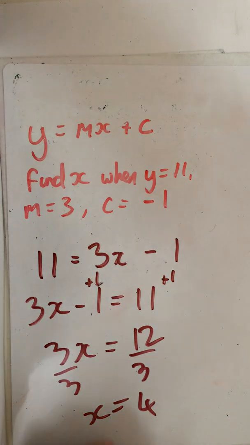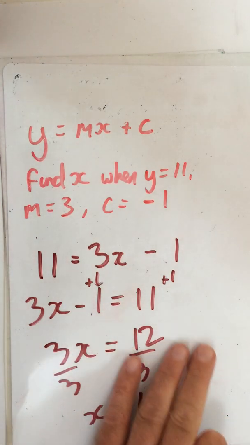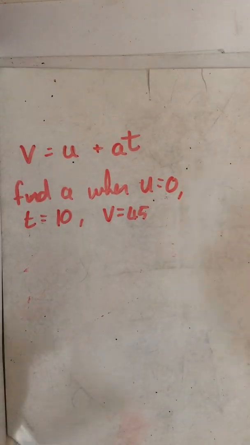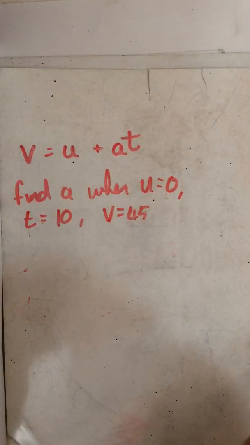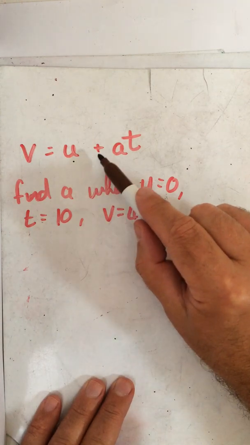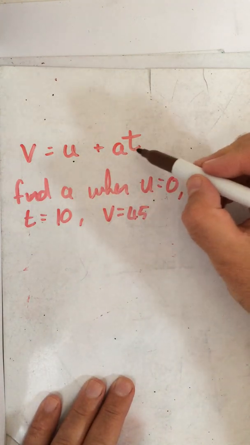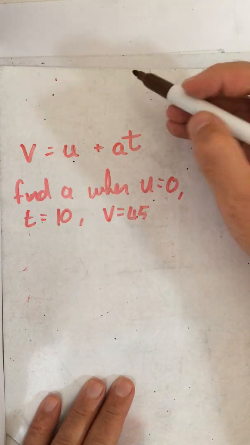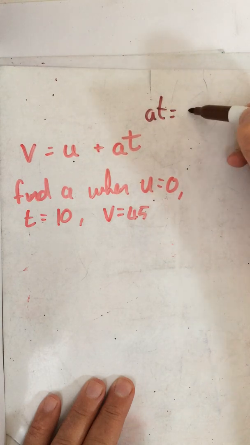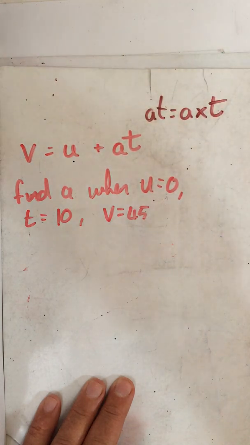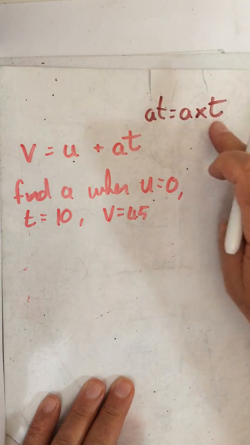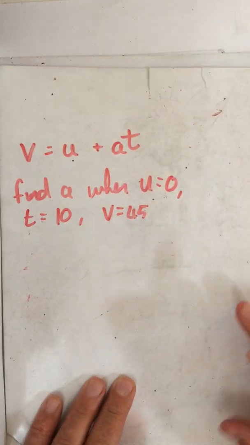We'll just do one more quickly, and then you can do a couple yourselves. So v equals u plus at. Now remember, at is a times t, isn't it? When the letters are together, it means a times t.